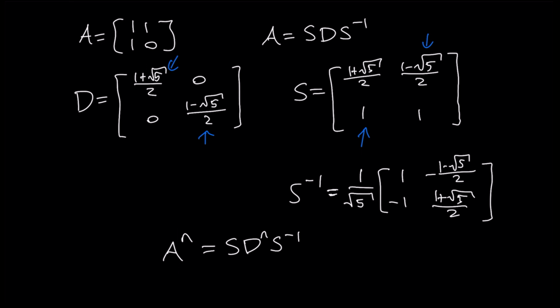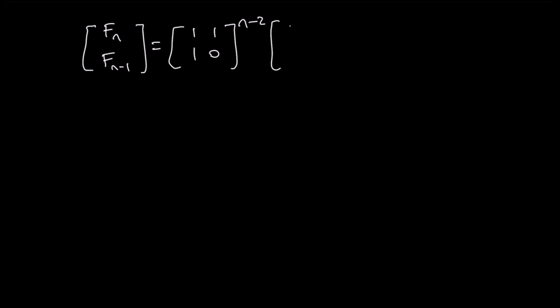So now I just want to put everything I've done together. So what have I got? So far, I have that F_{n-1} is equal to the matrix 1, 1, 1, 0 to the n minus 2 times 1, 1.